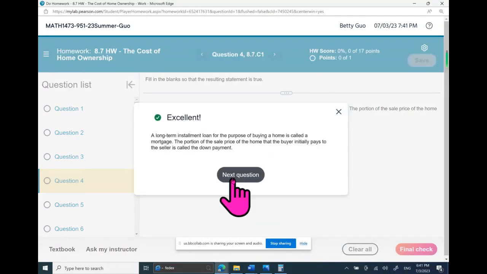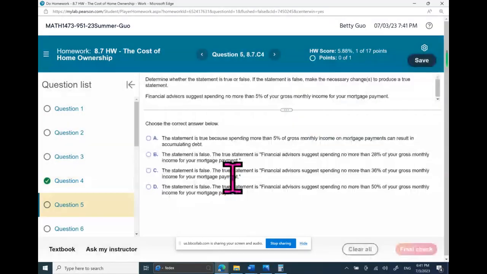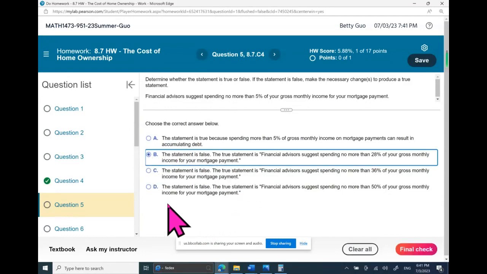Question number 5. Financial advisors suggest spending no more than 5% of your gross monthly income for your mortgage payment. That's not correct. A responsible advisor should recommend no more than 28%.